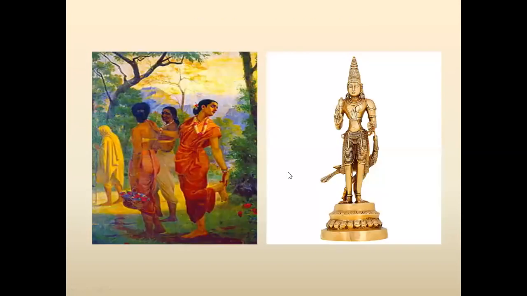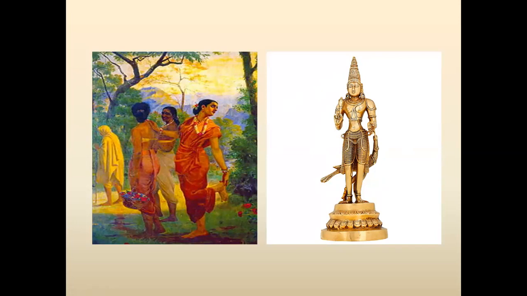So going back to these pictures, what kind of a fine art would this be? Yes, you're right. This is a painting. And this is a sculpture, actually a statue.